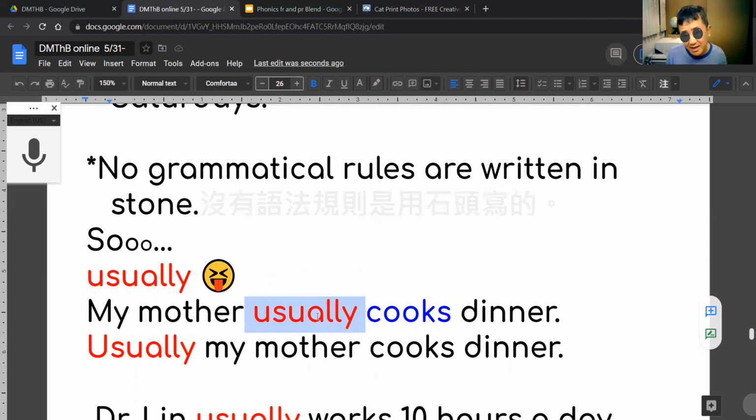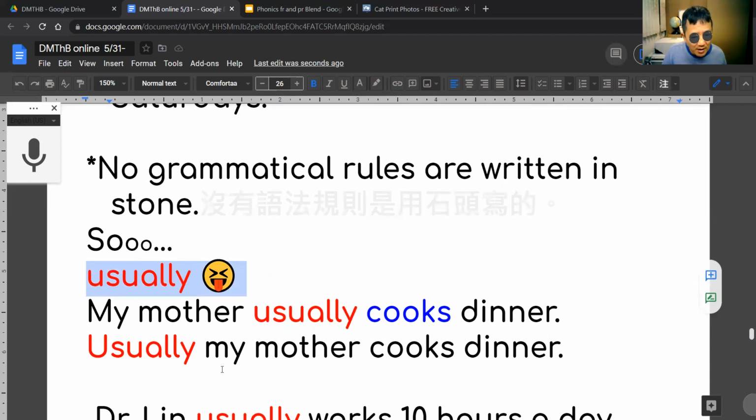It doesn't like to stay there. Sometimes it likes to move all the way to the beginning of the sentence. It likes to move from here to here, all right? And it does that because it's a naughty boy. And it can do that, all right?